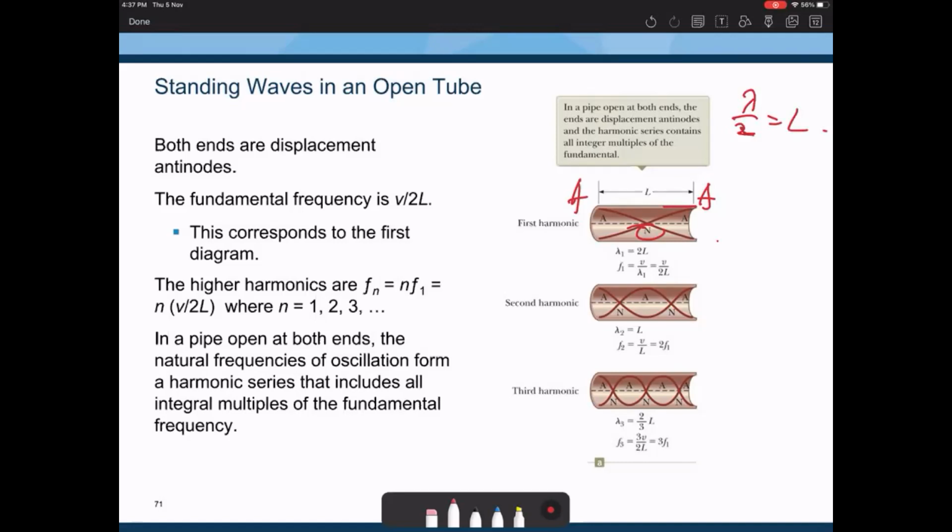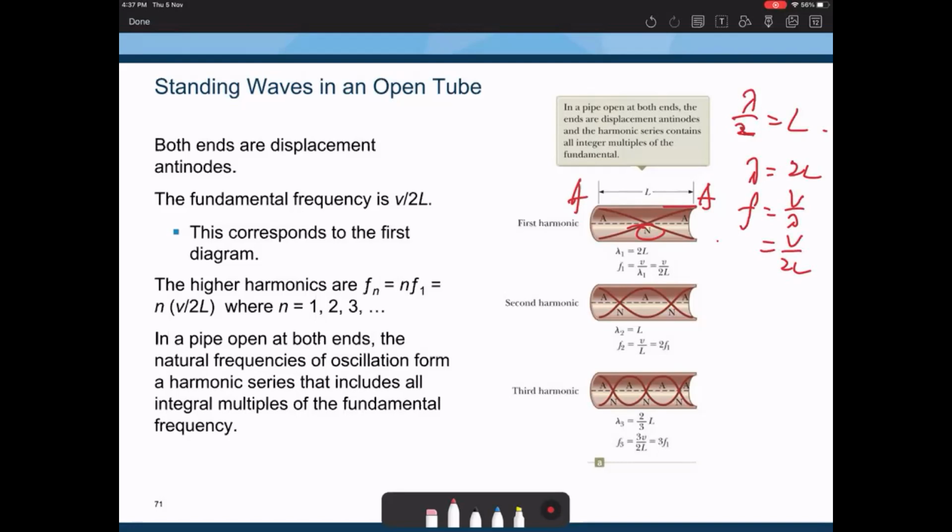Therefore, the corresponding fundamental frequency would be equal to v over lambda, and it is equal to v over 2L. That is for the fundamental or the first harmonic. And that is the simplest scenario.